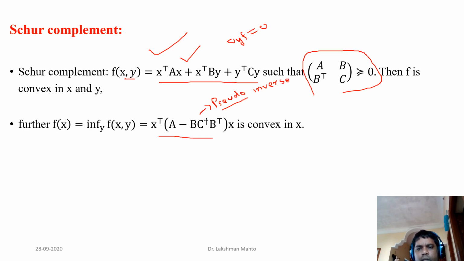Suppose a matrix is not a square matrix, or is a singular matrix, or suppose you take a rectangular matrix of order m by n, where m is not equal to n. That means it is not a square matrix, and in that case you can simply say it is a singular matrix.